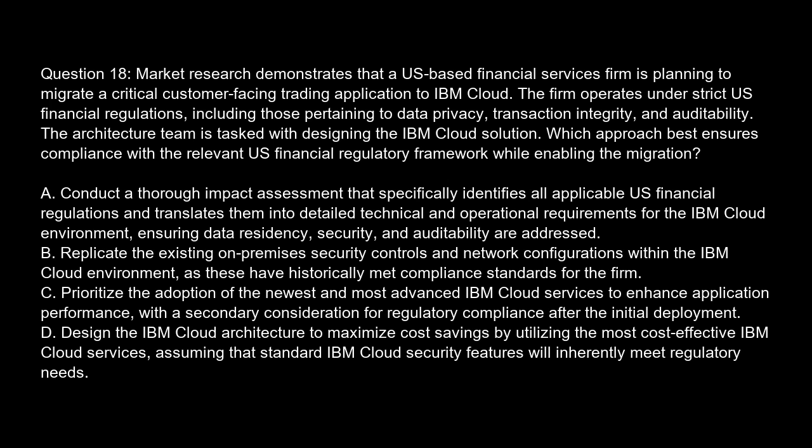Option C. Prioritize the adoption of the newest and most advanced IBM Cloud services to enhance application performance, with a secondary consideration for regulatory compliance after the initial deployment. Option D. Design the IBM Cloud architecture to maximize cost savings by utilizing the most cost-effective IBM Cloud services, assuming that standard IBM Cloud security features will inherently meet regulatory needs.